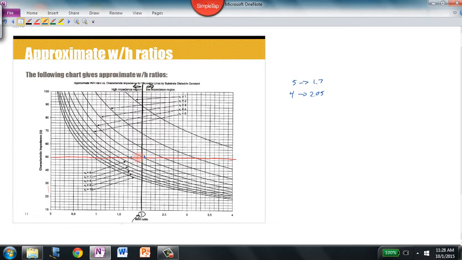So 4.5 would be halfway between those two. So if we do linear interpolation, the W to H ratio is going to equal about 1.875 from this chart, which puts us kind of on the edge, but in the high impedance region. So we need to use the high impedance design equations.